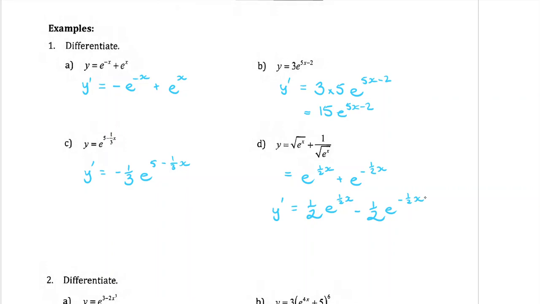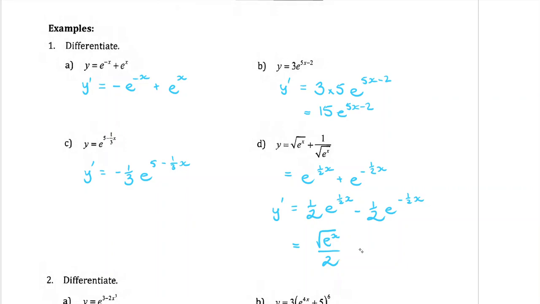Now, if we've been really good, what should I do here? Put it back into third form. So, that e to the half x is square root of e to the x. So square root e to the x, and the half, I'm just going to put it over 2. You can put it out the front, that would mean the same thing.